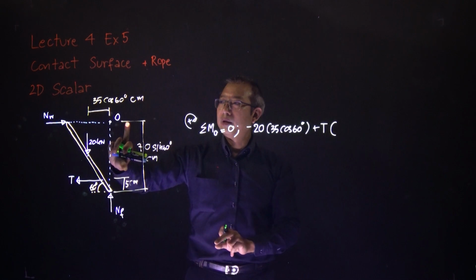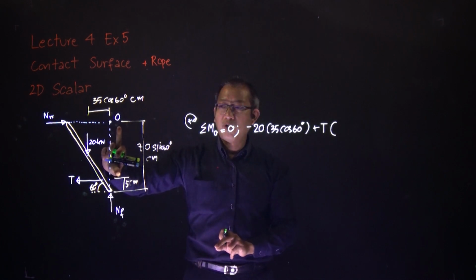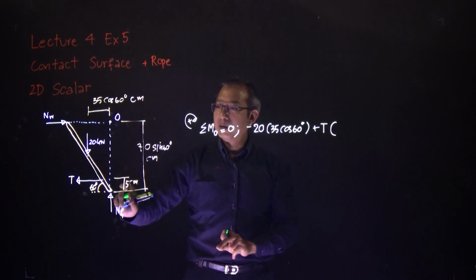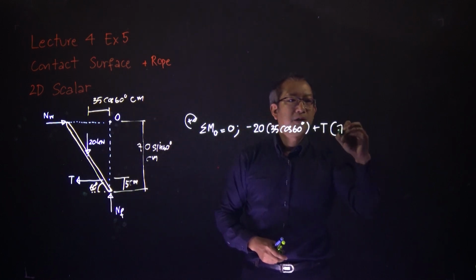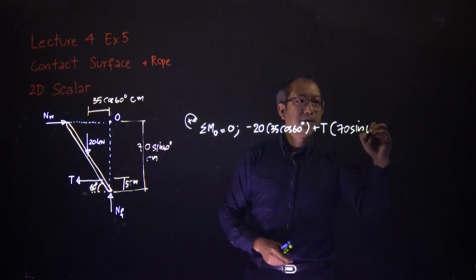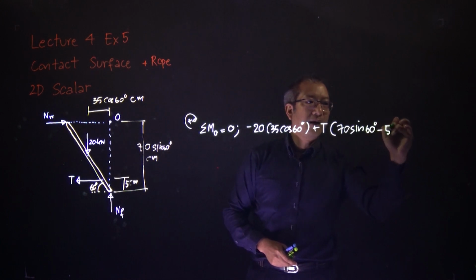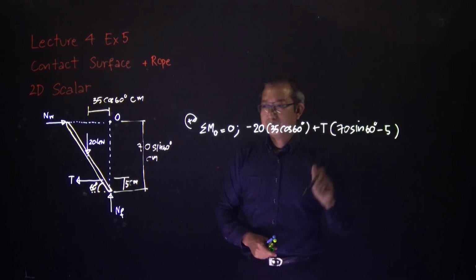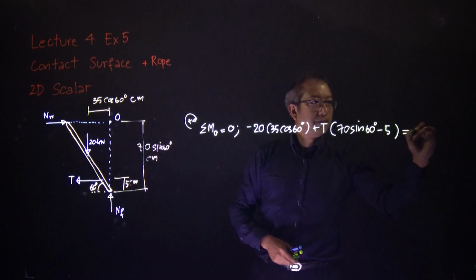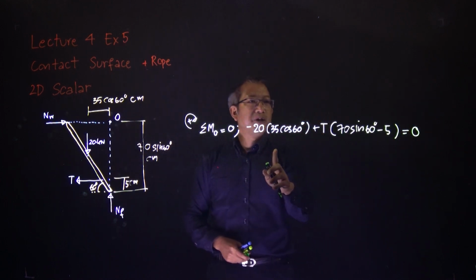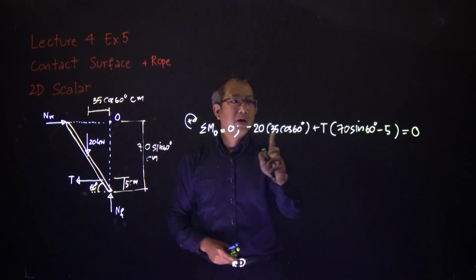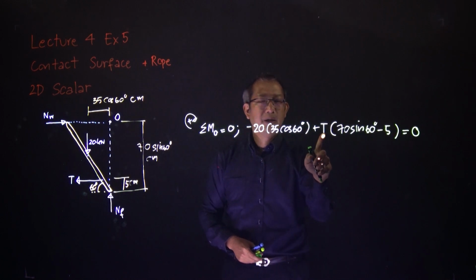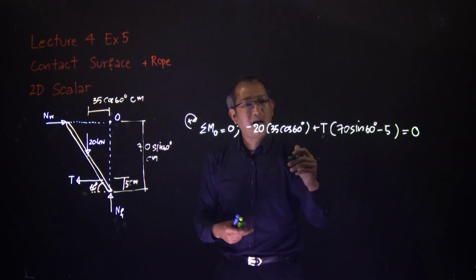Therefore, the distance between O and the tension force is that number minus that number: 70 sine 60 degrees minus 5 in brackets, equal to 0, right? Again, as I mentioned before, there is only one unknown here, which is T, the tension itself, which we want to find anyway.